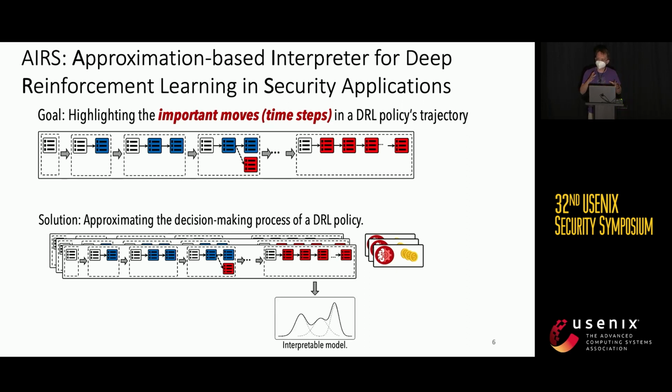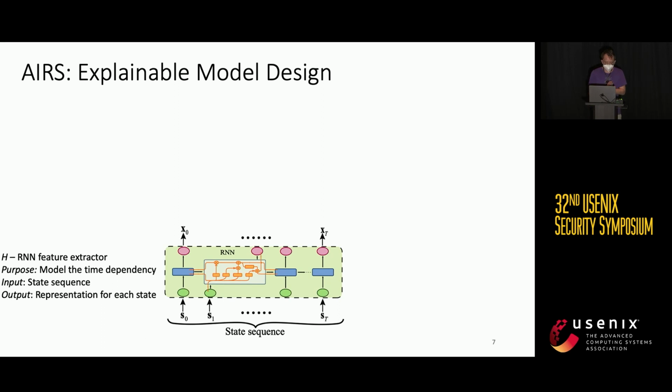It's like turning the reinforcement learning problem into an explainable classification problem. And then we can design some explanation model or interpreter model to do this classification and identify the critical steps.